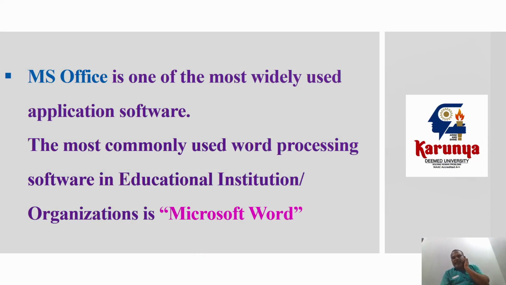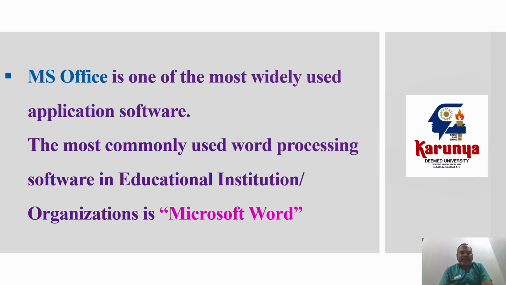So the first one, MS Office, is one of the most widely used application software. Everywhere we are using MS Office. It may be an office, an educational institution, a public sector office, wherever we are using MS Office. So it is the most commonly used software, Microsoft Office. Another most commonly used application is word processing, that is Microsoft Word.